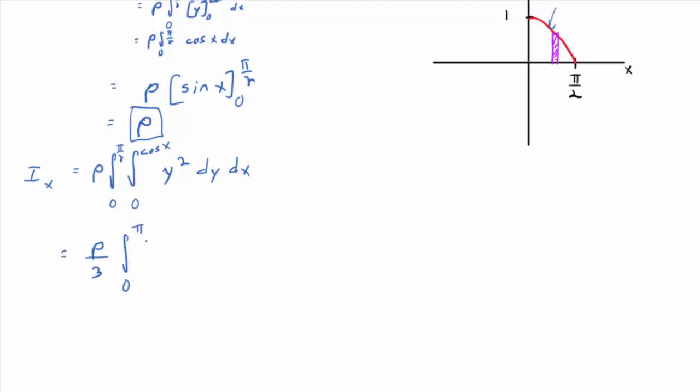We get rho over 3 times the integral from 0 to pi halves of y cubed evaluated from 0 to cosine of x, dx. And so we get something that looks more complicated than it really is to integrate: the integral from 0 to pi halves of cosine cubed x dx.